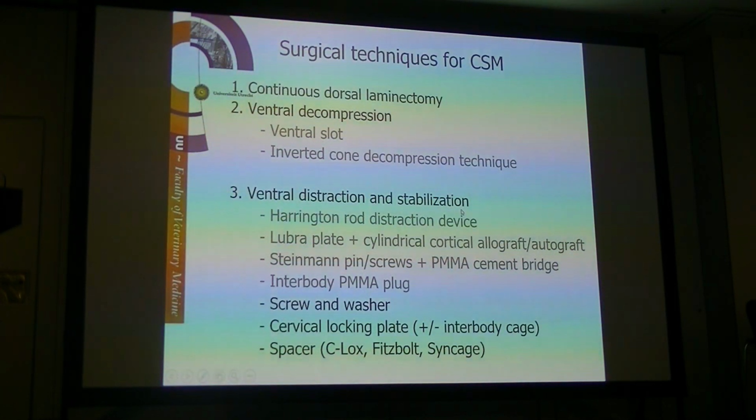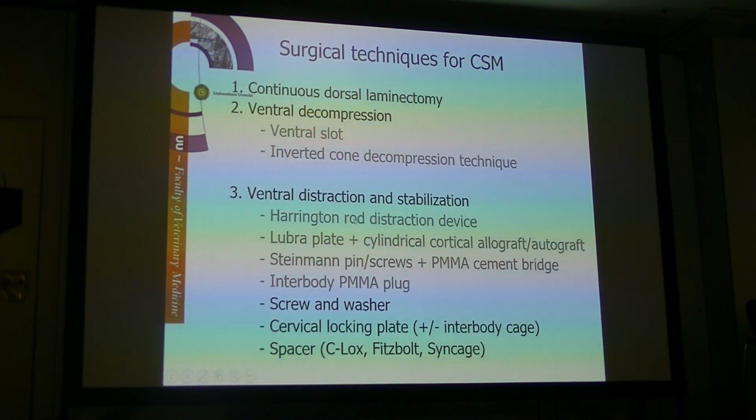So I just made a list of the techniques that have been described in the literature, and we only talk about some of them, especially the ones that are dealing with the dynamic nature of the disease. And also the current status, where we are, and maybe where we go to. And just a little history on the techniques that have been used for the dynamic lesions, starting with the Harrington rod.